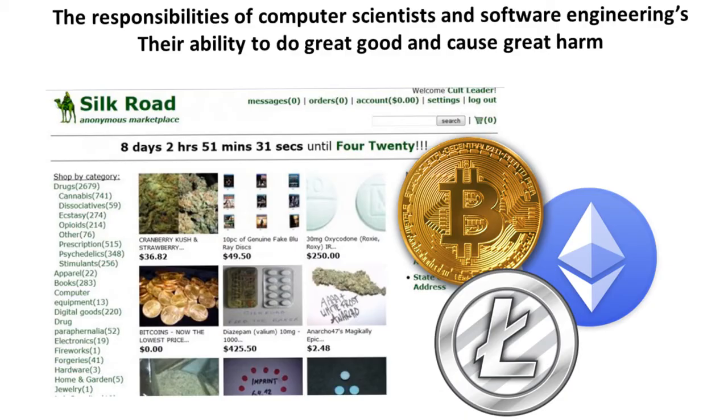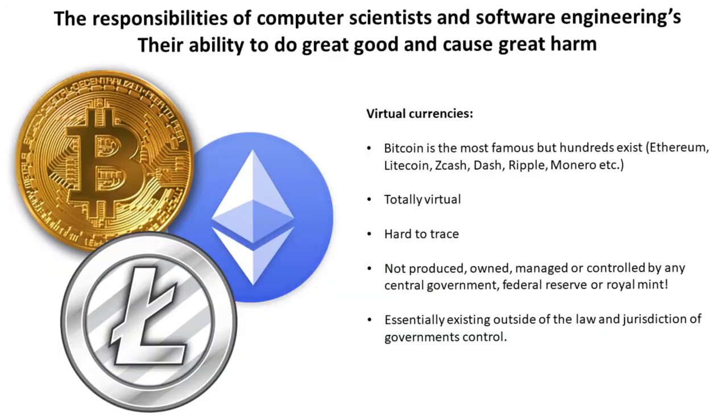And this brings us to another excellent area of debate, which is virtual currencies. Virtual currencies, like Bitcoin, which is the most famous, are a great example of computer scientists and software engineers creating something which has an ability to do great good, but at the same time has the potential to cause great harm.